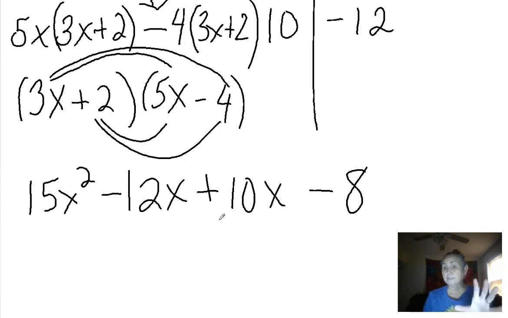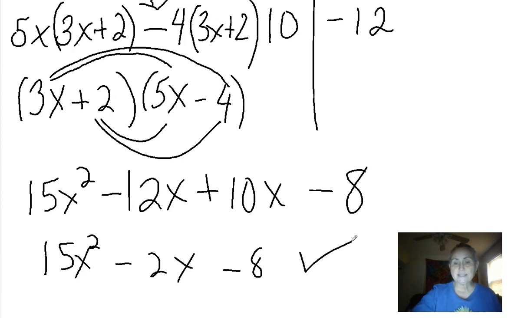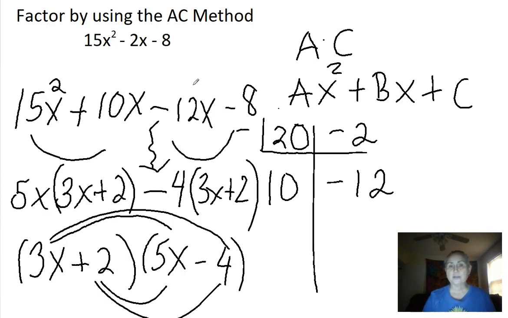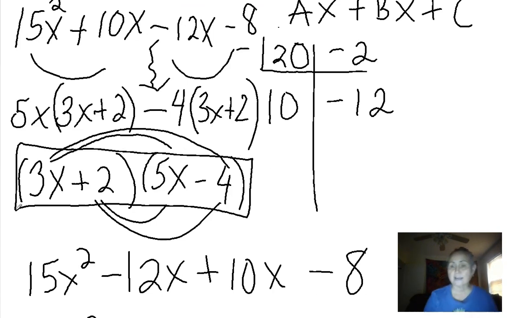These two might be in a different order, but they have to match these two factors that you selected up here. We combine them, 15x squared minus 2x minus 8, and that is the original trinomial we had. Therefore, we know that this is the correct factorization of 15x squared minus 2x minus 8.